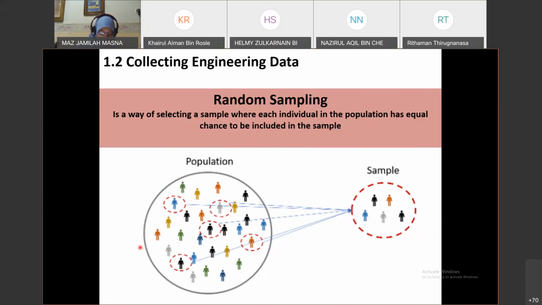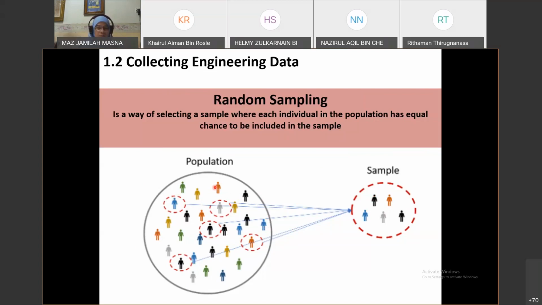It means that if I have 100 respondents here, and I need to choose 30 out of 100, there are equal chances of selecting each and everyone inside the population. If I choose him, the probability is the same as if I choose him, the same as if I choose this guy. Equal chances to be selected.